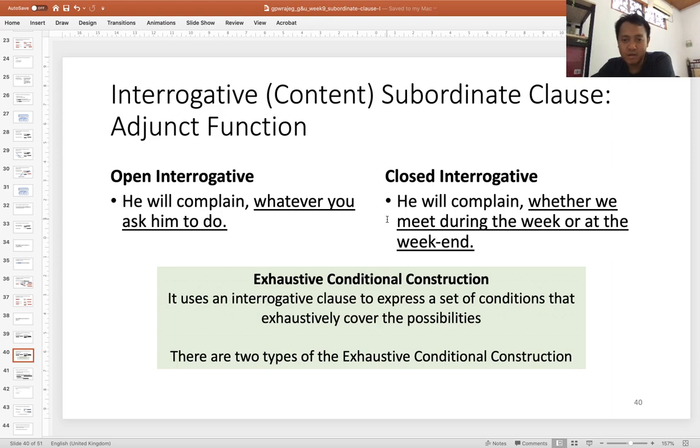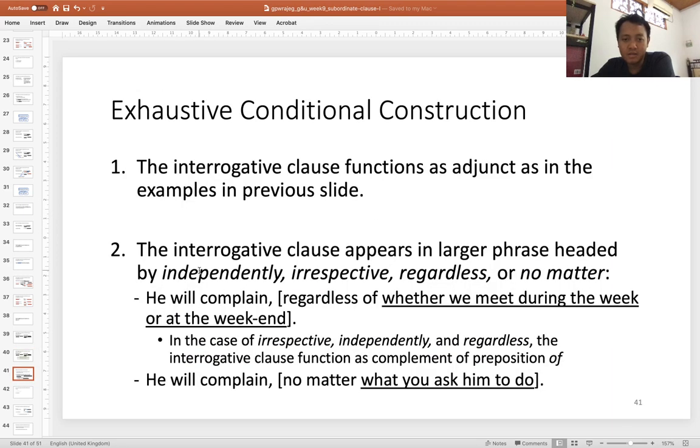But in the second type, the interrogative functions as a complement, such as this one: "He will complain independently whether we meet during the week or at the weekend," and "He will complain no matter what you ask him to do." So this is just an additional example of the function of the interrogative subordinate clause.